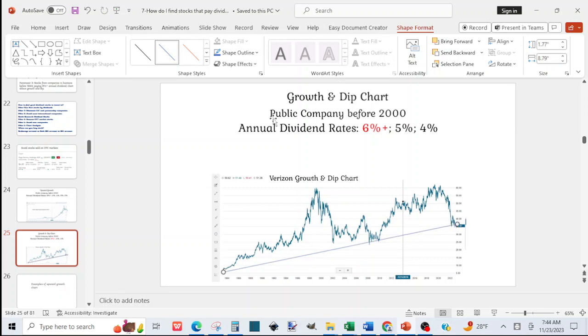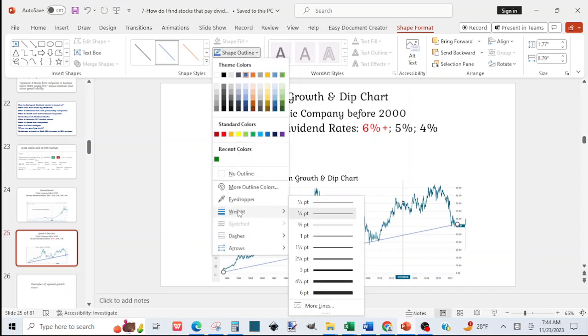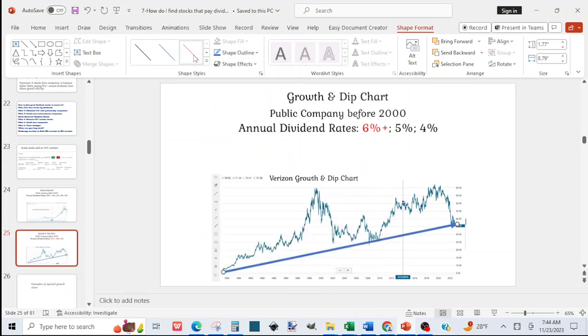Let's make it a little bit bold and change the color.